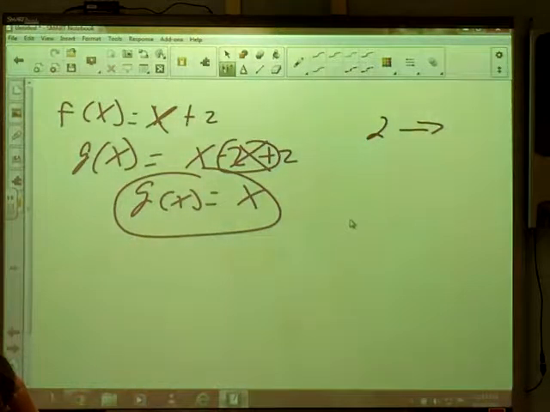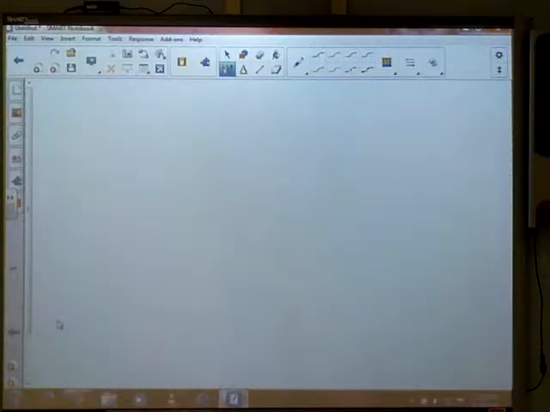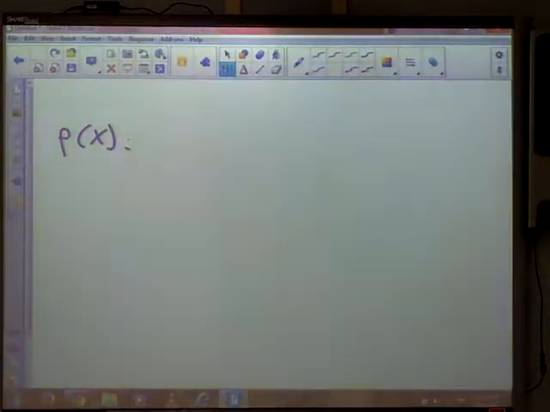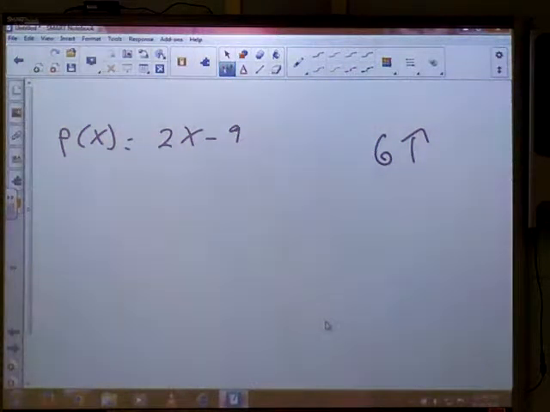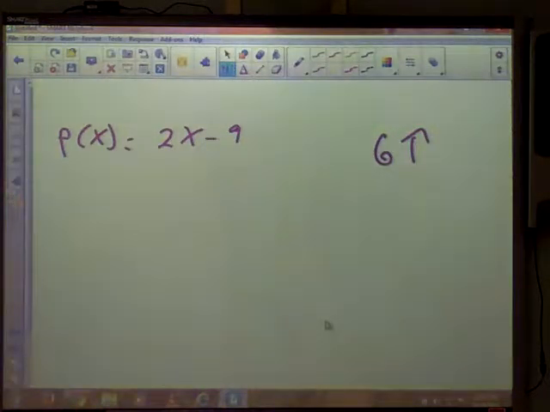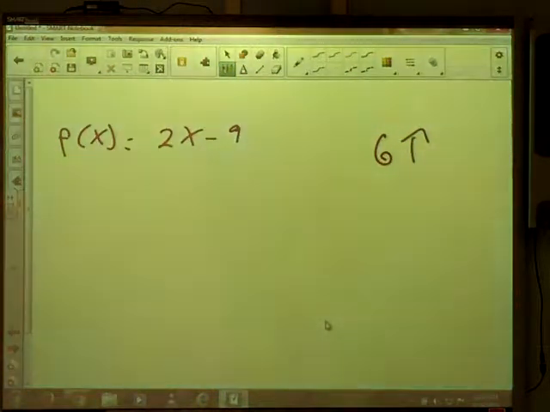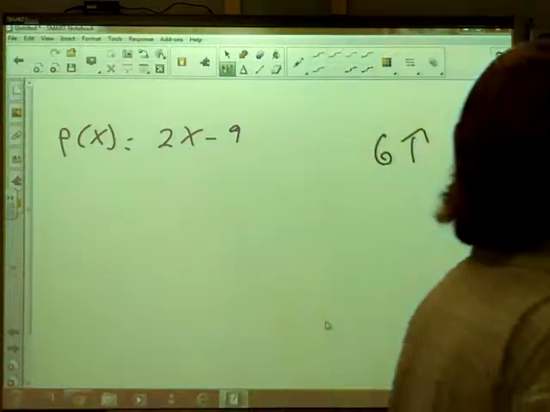Let's look at, keep it basic right now. f of x equals 2x minus 9, and I want to translate that 6 units up. Up, is that horizontal or vertical?